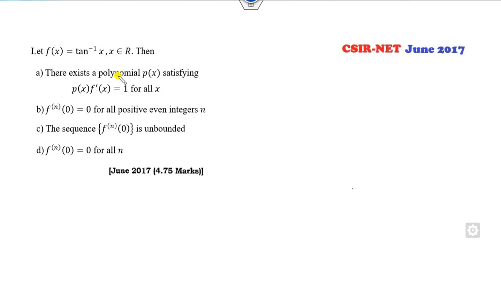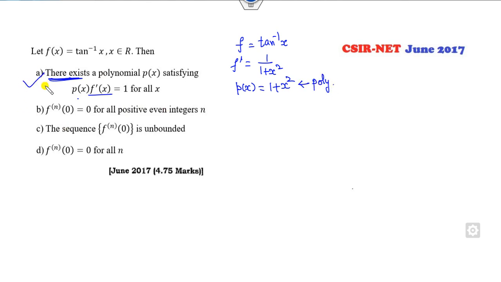Okay, now there is a sequence of this. f(x) is tan inverse x. The first option: you need to find the derivative. Can you find any polynomial p(x) such that when you multiply p into the derivative of f(x), it will be 1? Yes, you can see this is the polynomial. So the first option is correct.